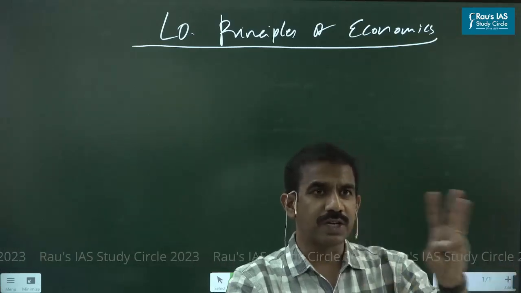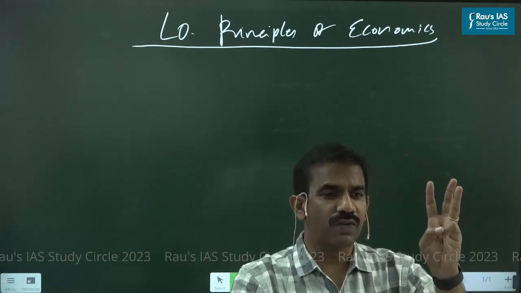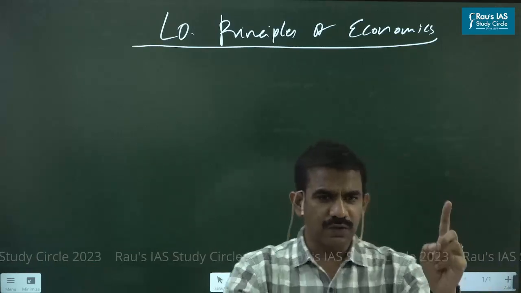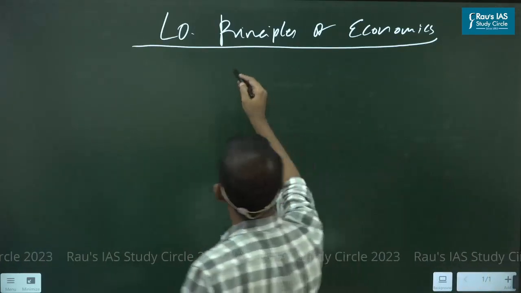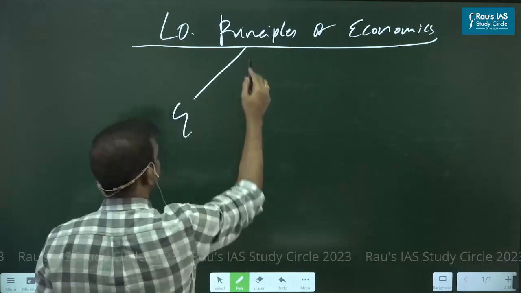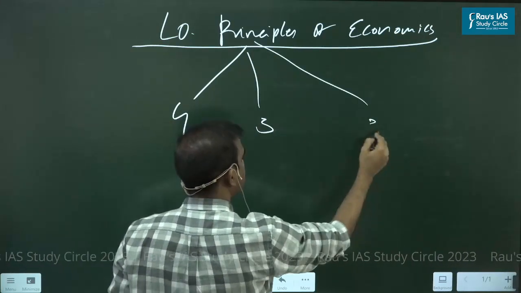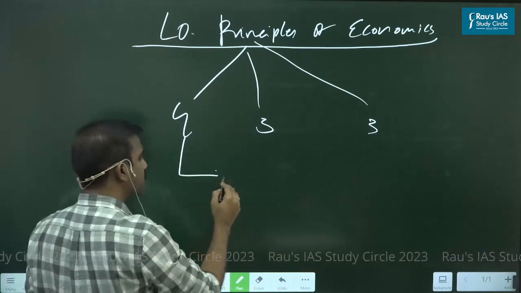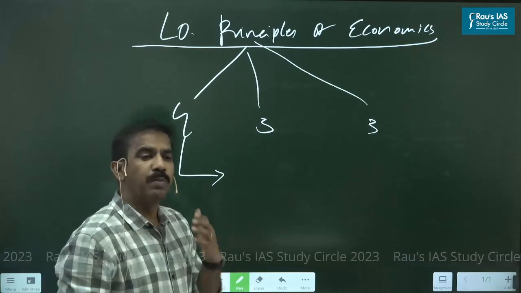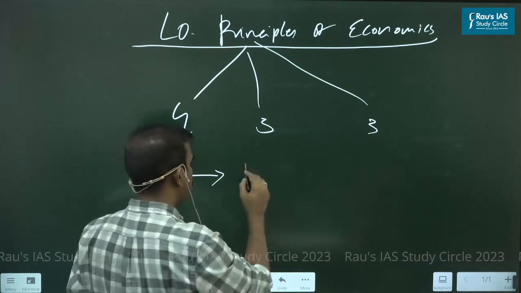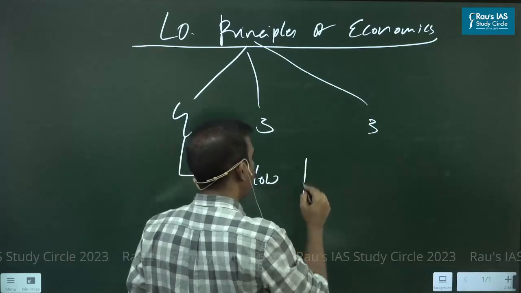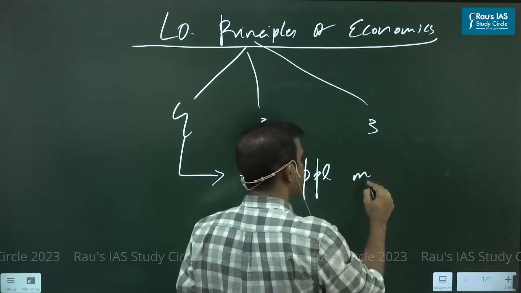These 10 principles would help you to understand 3 basic things. I'll divide these 10 principles broadly into 3 different categories: the first 4, the next 3 and the next 3. The first 4 principles would help us understand how people make decisions.